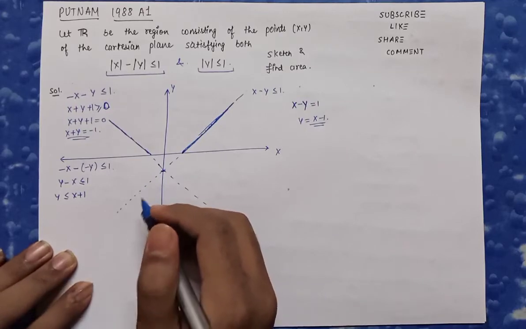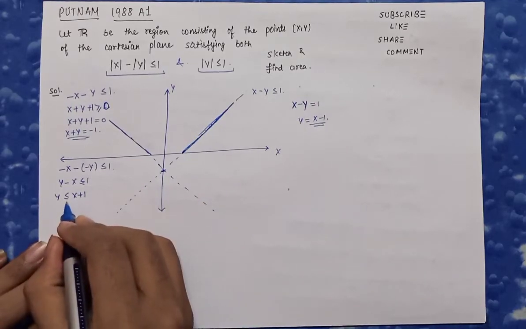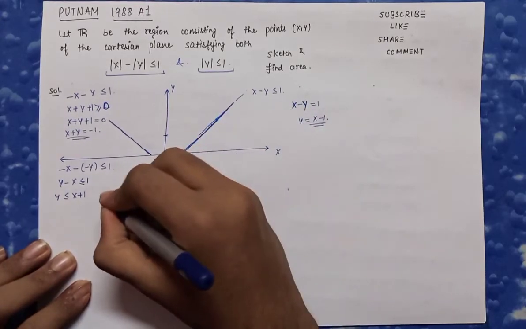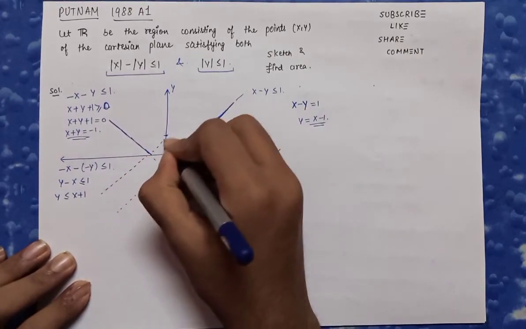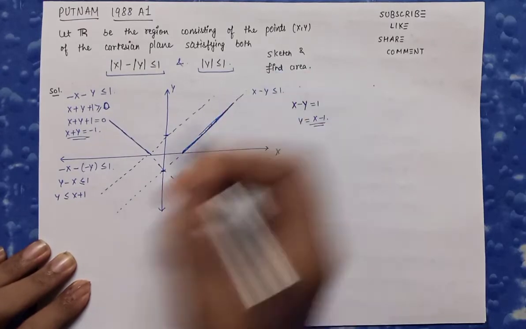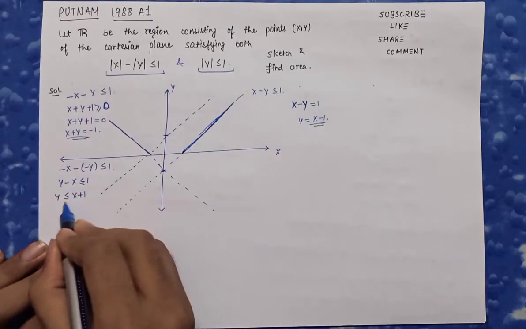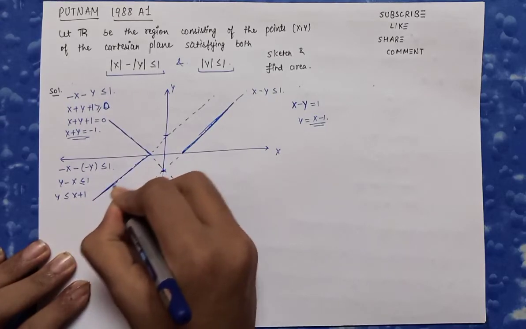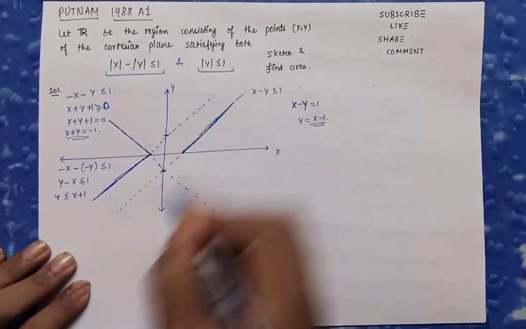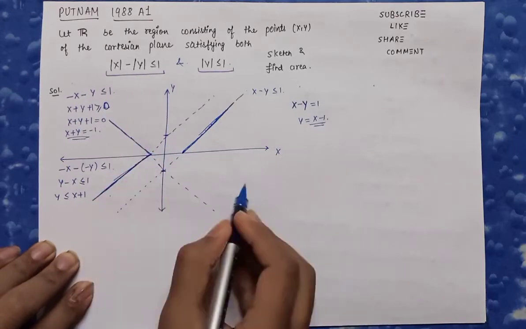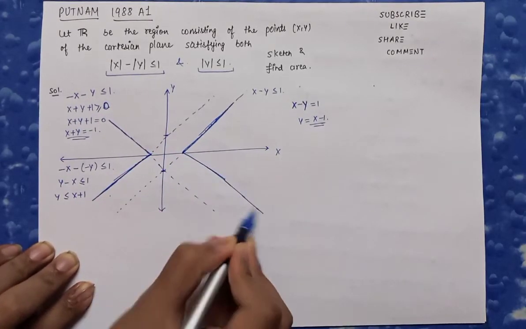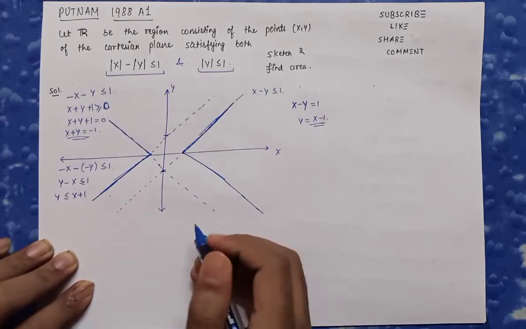Its graph will look like this, but as we have to take the third quadrant, we take just this part and ignore this part. Similarly, when we solve for the fourth quadrant, we will get this part, which will be parallel to this.